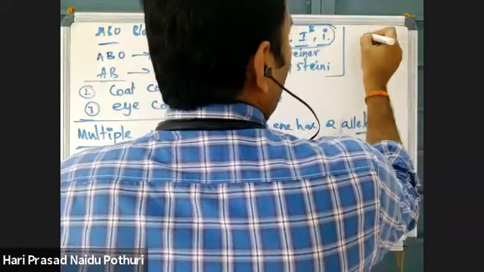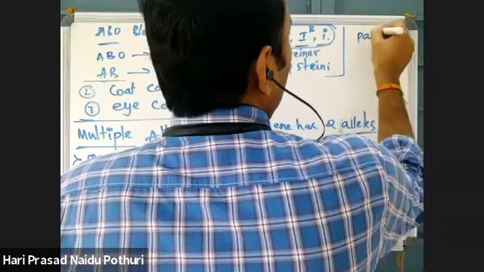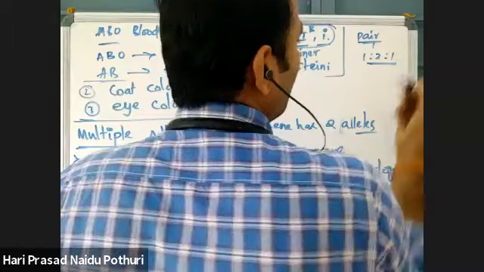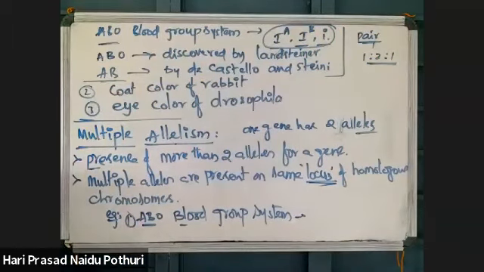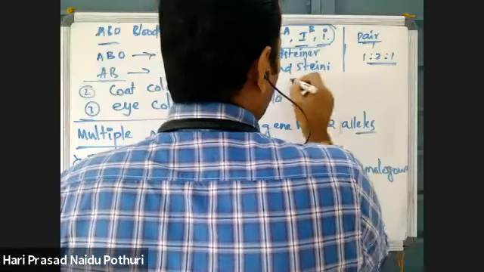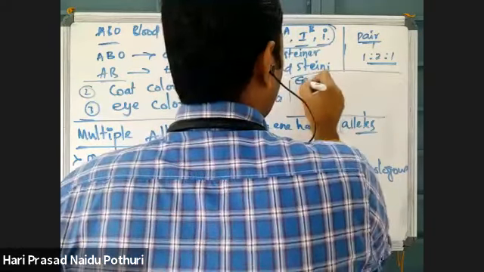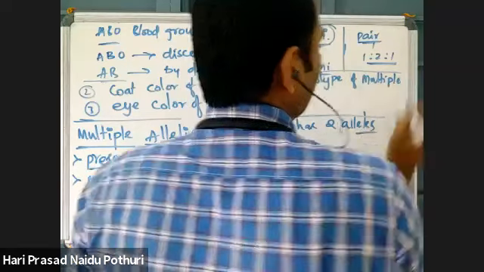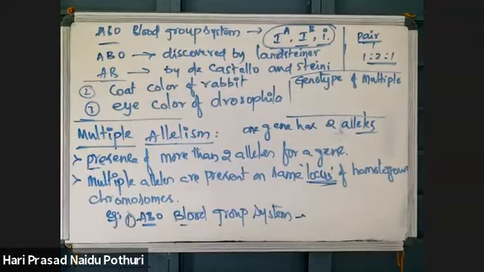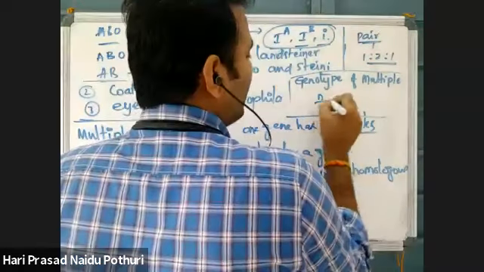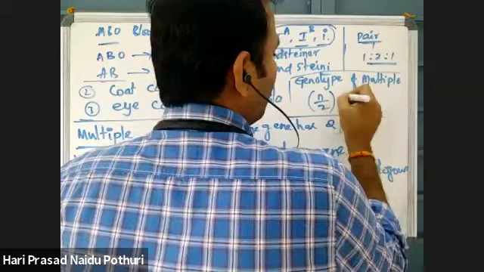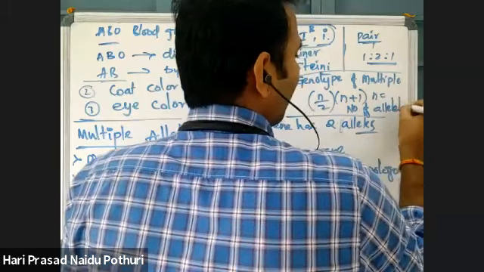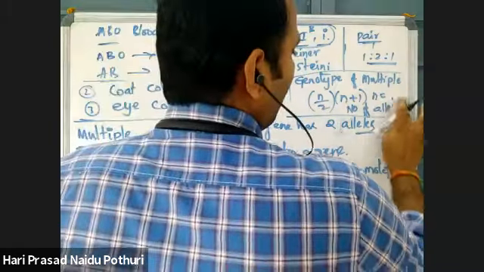For a pair of alleles in a monohybrid cross, we get a 1:2:1 genotype ratio. For multiple alleles, the number of genotypes is n/2 into n plus 1, where n is equal to the number of alleles.